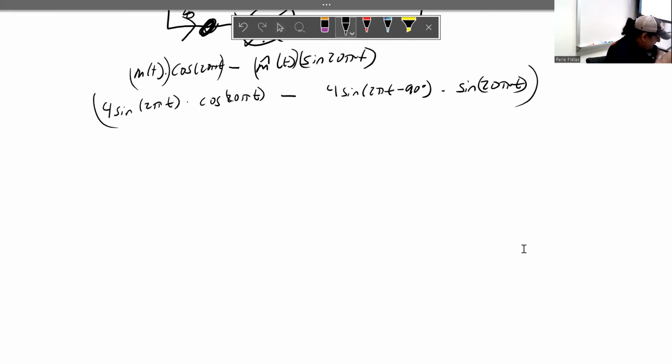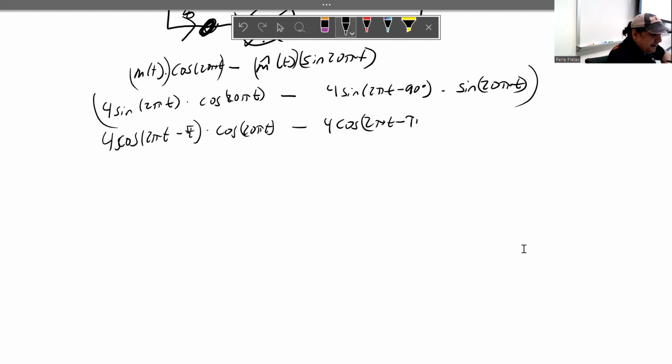Sine, to make it cosine, you have to subtract, right? So we get 4 cosine of 2 pi t minus pi/2 times cosine of 20 pi t, minus 4 cosine of 2 pi t minus pi times cosine of 20 pi t minus pi/2.